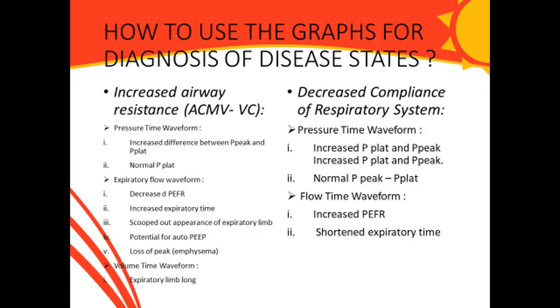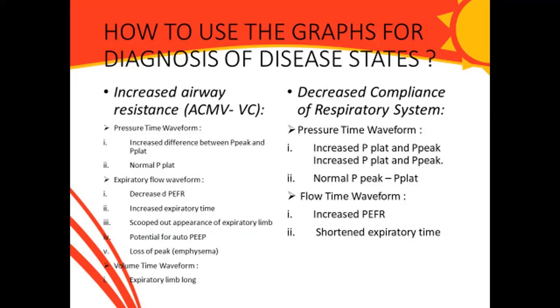So there's an increase, but you find out that the plateau pressure is the same because at this point there is no added pressure, but there's a significant increase between the peak and the plateau pressure. The peak pressure is higher because it's trying to overcome whatever resistance.